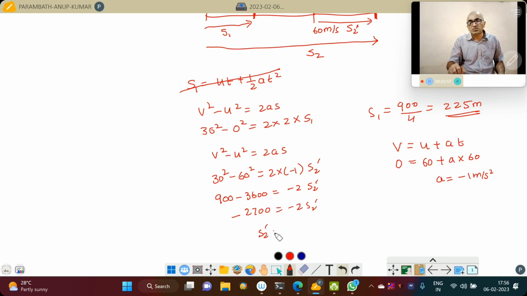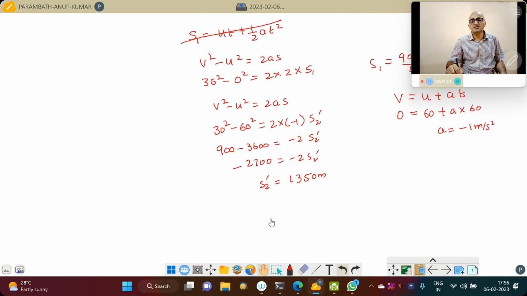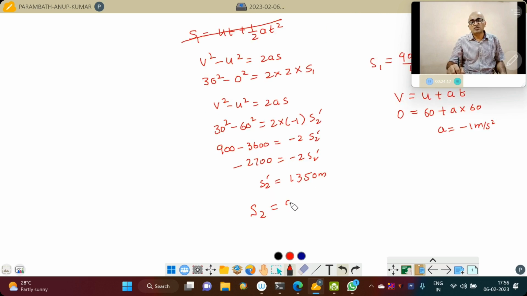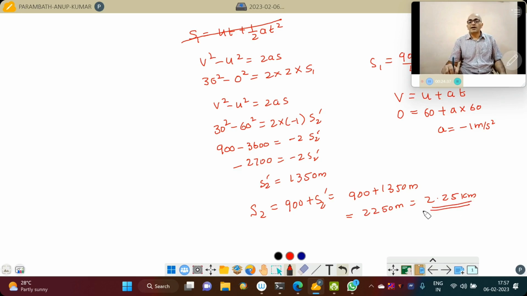So S2 dash comes out to be 1350 meters. Students, this is S2 dash, but I don't have to find S2 dash, I have to find S2. S2 is equal to 900 plus S2 dash, that is 900 plus 1350 meters, that is 2250 meters or 2.25 kilometers. I hope things are clear to you, students.